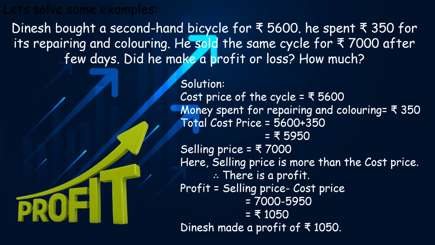If selling price is more, we know it is a profit. So what is the profit here, children? It's 1,050. Rest everything is the same in this video, all the sums. The only thing you'll find different is finding the total cost price. The rest of the method for profit and loss is just the same as the previous one.